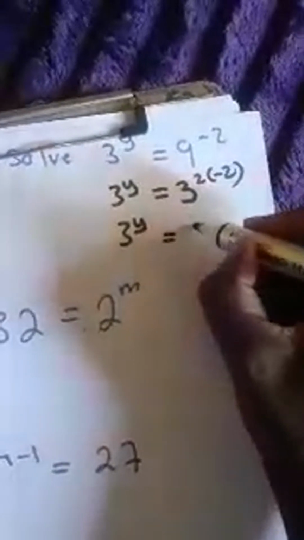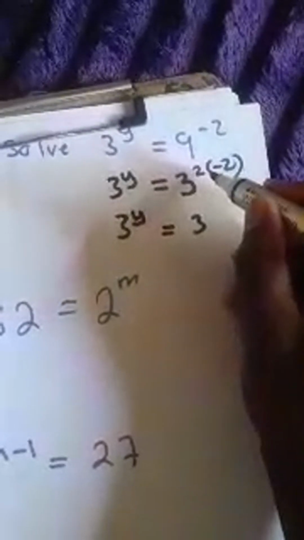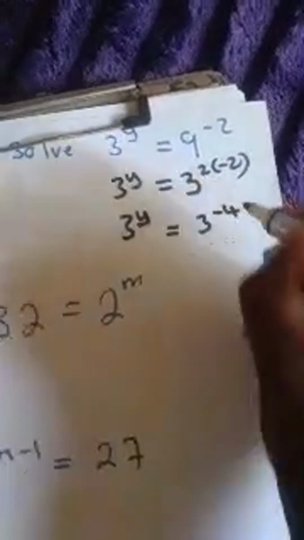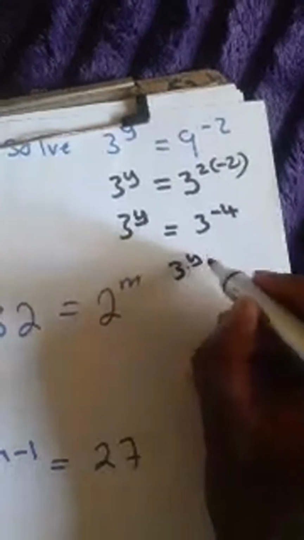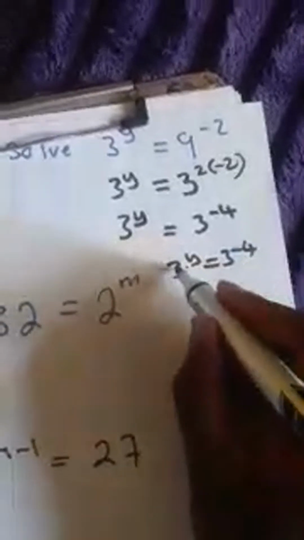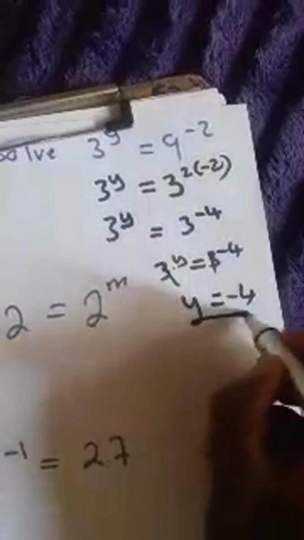So we want to equate our bases. 9 is the same as 3 raised to the power of 2, so 3 to the power of y is equal to 3 to the power of 2 times negative 2. 2 times negative 2 gets negative 4. So 3 raised to the power of y is equal to 3 to the power of negative 4. Same bases here, so the answer is y is equal to negative 4.